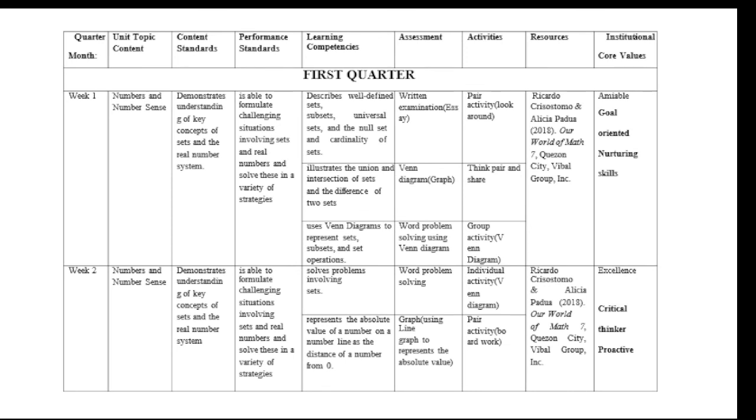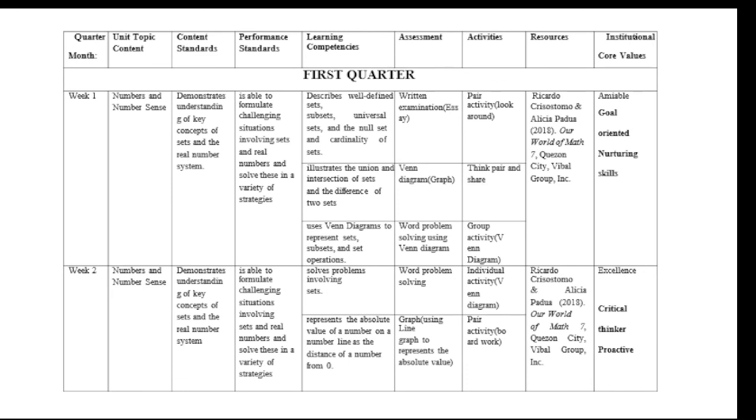So again, in mapping, guys, the curriculum guide, I also had a hard time understanding, because maybe I'm not yet a teacher, but the curriculum map is not different. It's not separate from the curriculum guide. It's just that the curriculum map is your guide for the whole quarter.